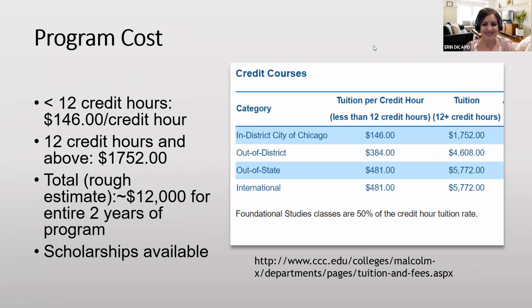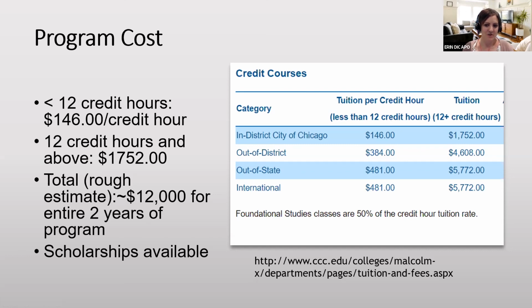Cost is always a question that I get. I always direct students to the website that has the tuition and fees chart on it, because our tuition is done by credit hour. If a student took all 9 prerequisites, with no transfer credit and didn't test out of anything, the program is roughly $12,000 for the 2 years of coursework, the 5 semesters.